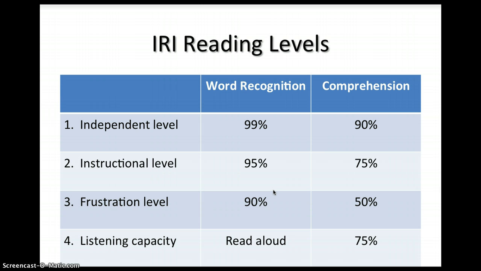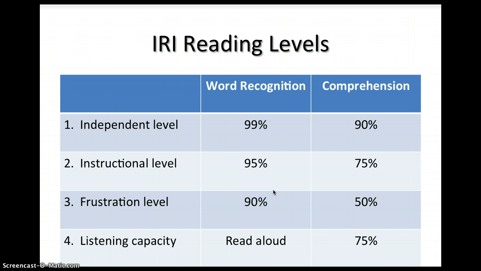But one thing you can do to help yourself understand this is go to your most complicated textbook that you have, pick out a passage of 100 words, and if you look at a page, 100 words is not even half of a page. 100 words is a fairly short passage, typically a paragraph in a textbook.